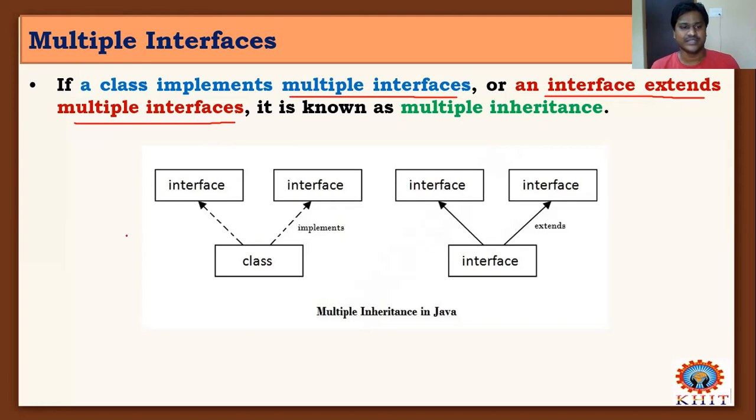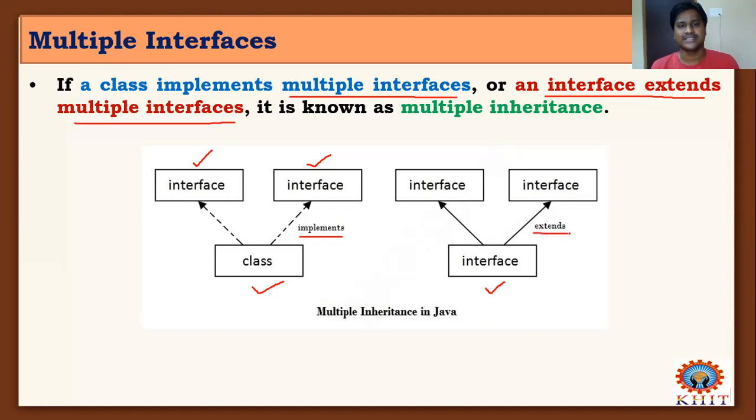And once again, we see this diagrammatic approach. Consider a class that wants to implement two interfaces at a time. That means interface one properties and interface two properties are going to be implemented by a single class. So here it uses the implements keyword. Whereas when an interface is going to take on other existing interfaces, implements is not a suitable word; you must say extends.